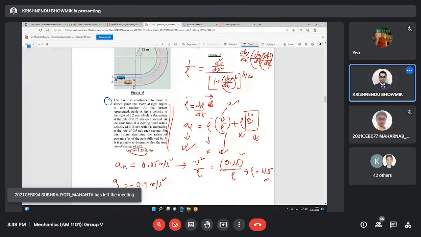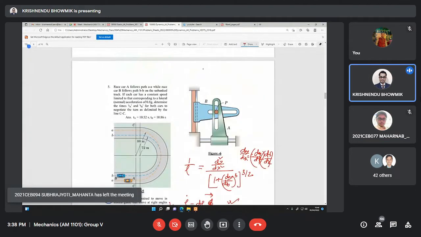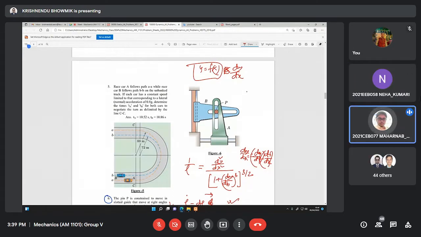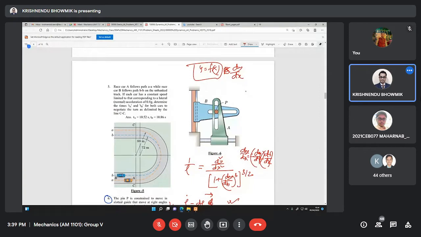Because here y equal to a function of x is not given. Only if y equals a function of x can you calculate dy/dx, is it not? From here you are getting dy/dx. Sir, dx/dt is 1/5 and dy/dt is minus 3/20.